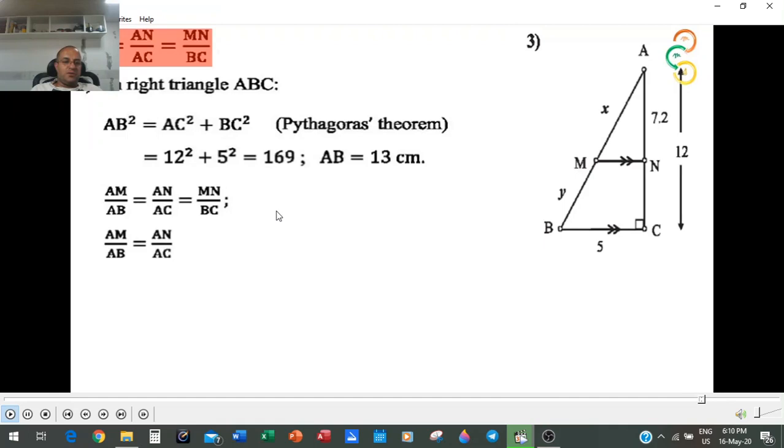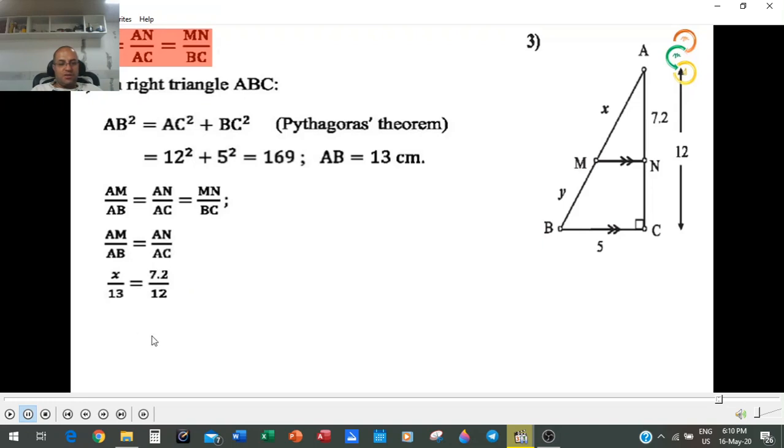Now we can replace the values of the segments. AM over AB equals AN over AC. We start with these in order to calculate X. AM equals X over AB, calculated here, equal 13, equal to AN, given 7.2, over AC, 12.